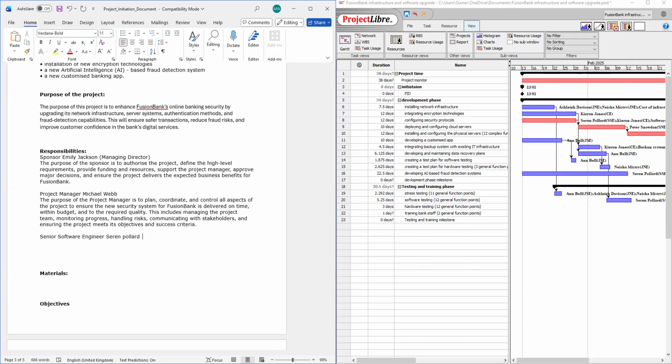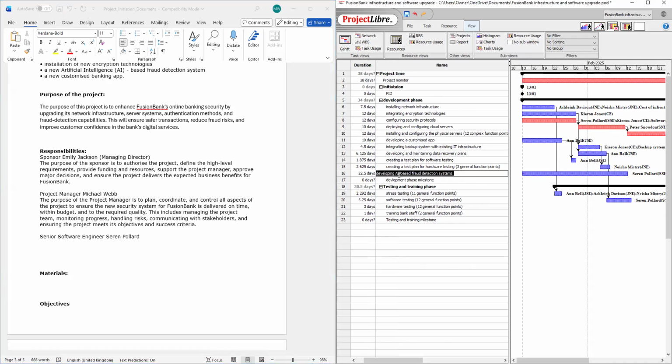And guys, remember, you can just copy it and paste it from the set task brief also. So this person is only doing development of AI-based fraud. So I just copy this.